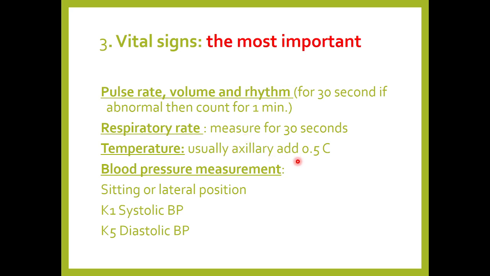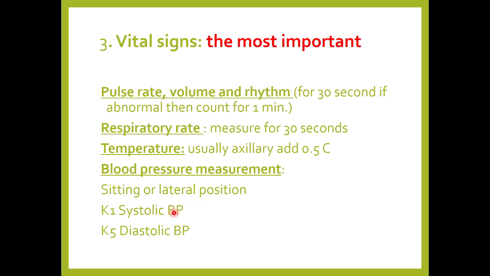Usually we measure the axillary temperature and add 0.5. And the blood pressure is measured in sitting or lateral position, because the supine position will give you wrong, lower readings because of the pressure of the gravid uterus on the major vessels, which will impede the venous return, and the cardiac output will also be reduced.